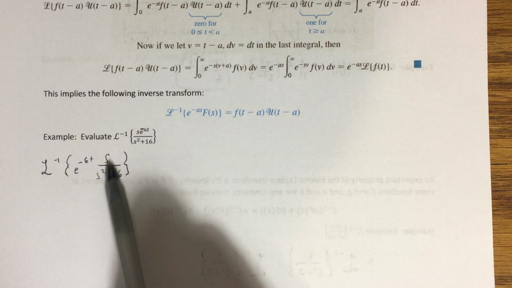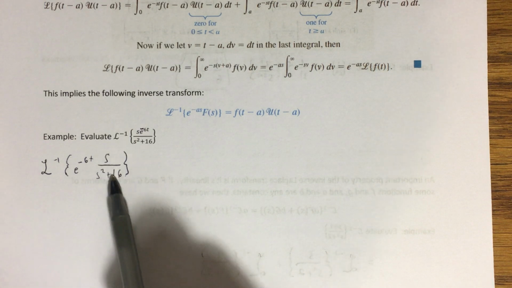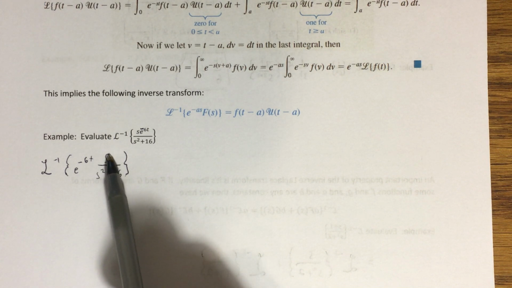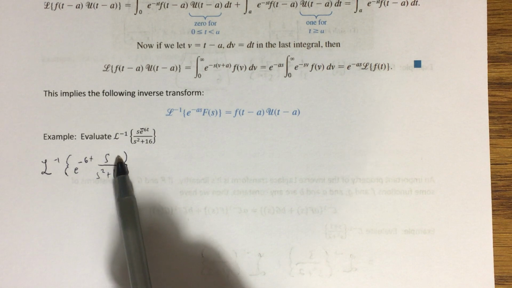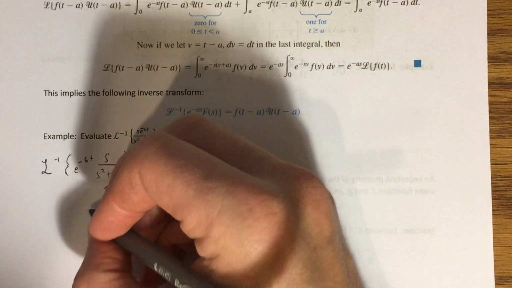What is the inverse Laplace transform of s over s squared plus 16? Well, this looks like the Laplace transform for cosine, namely s over s squared plus k squared. K would be 4 in this case. So this is the Laplace transform for cosine of 4t.